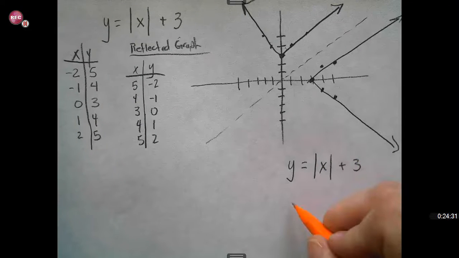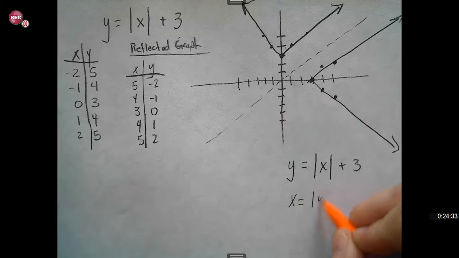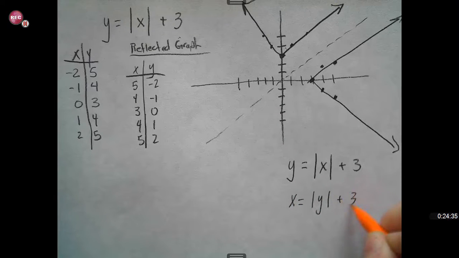We interchange x and y, and we get this. And we're not gonna solve that for y. The only time we're gonna solve for y is if it's a linear equation or a quadratic equation, or if it's like a cube, y equals x cubed. Like if we interchange x and y, we can certainly solve that for y. But we're not going to solve this for y. We're going to leave it just like that.